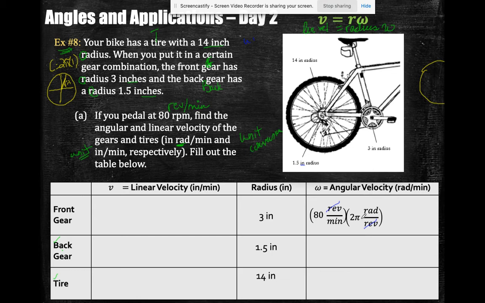So I'm using that here. 2 pi, it's a unit circle circumference, 1 time, that's how long it takes, right? The circumference, the arc length, 1 time around the unit circle, radians per revolution. So bam, there's my angular velocity, 160 pi radians per minute. And no, I don't want to round pi, right? This is exact. Pi is an exact value.